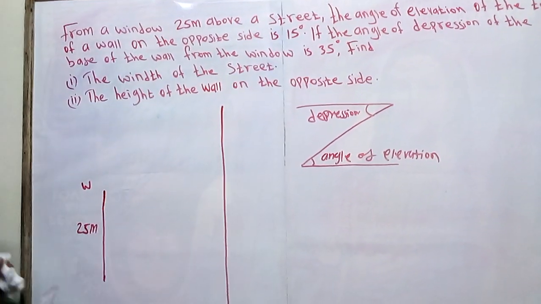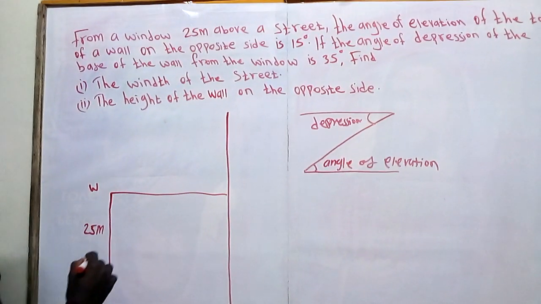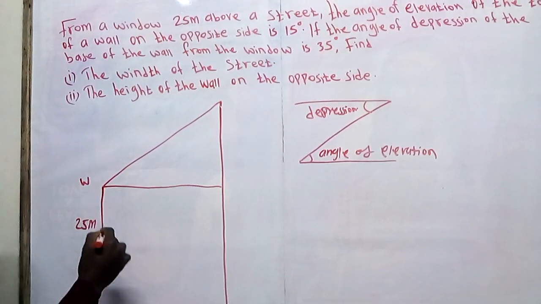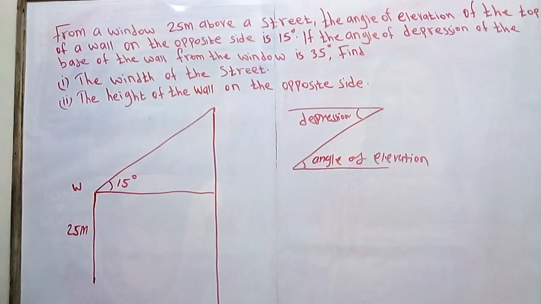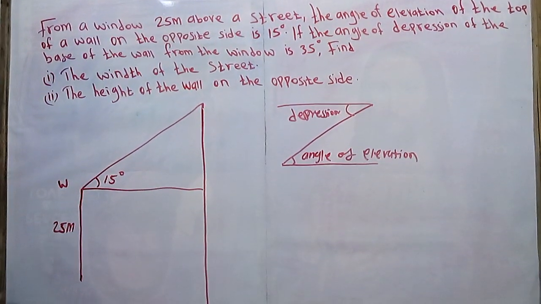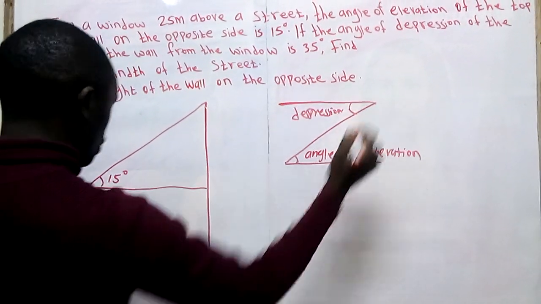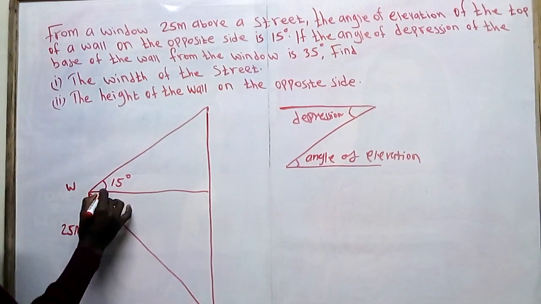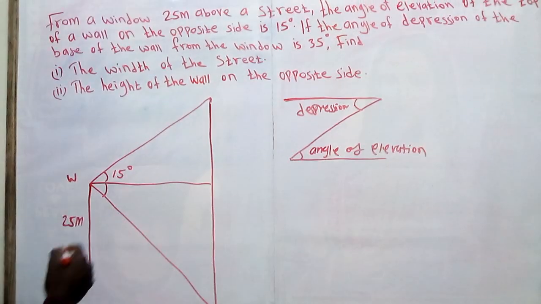Therefore, on our question here, if I take this one as the horizontal distance, then the angle of elevation to the top of the wall on the opposite side is 15 degrees. We've been told that the angle of depression of the base of the wall from the window is 35 degrees.